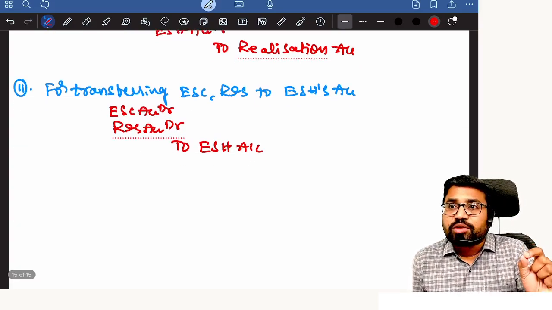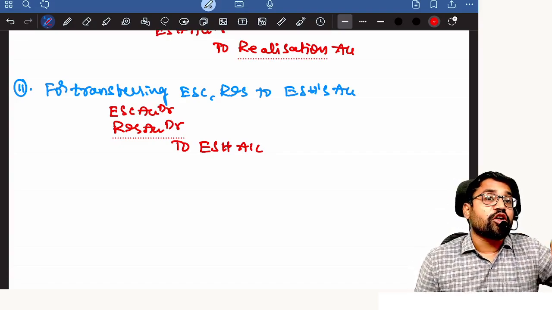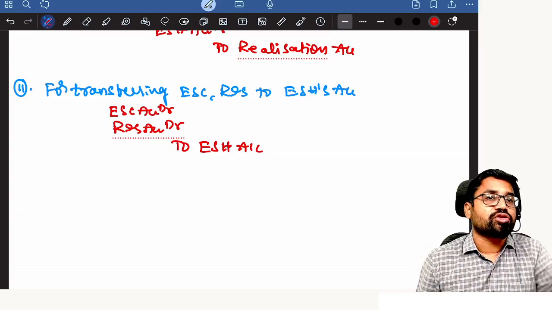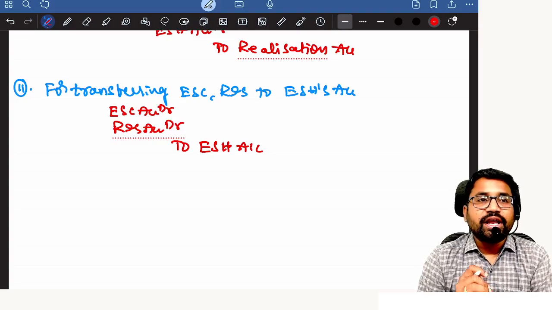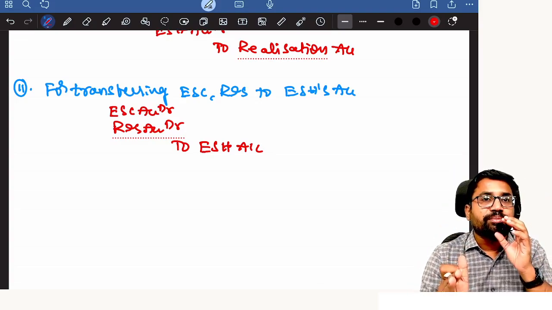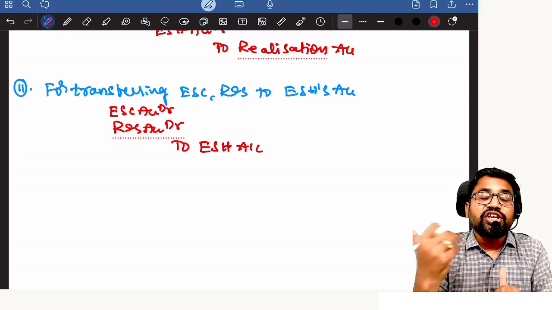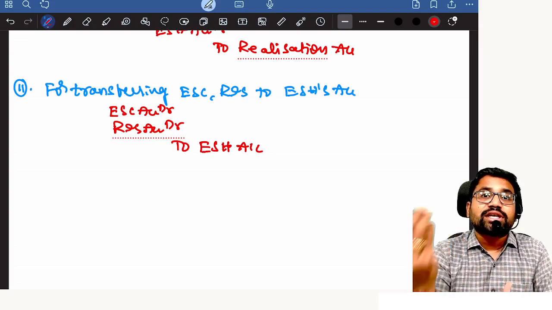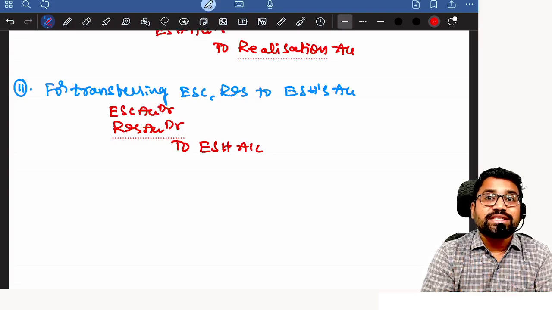In the transfer book, if there are any fictitious assets, those fictitious assets will also be adjusted to equity shareholders only. Don't transfer to the transferee company. For example, in the balance sheet of the transferor company, we have preliminary expenses not written off, or share issue expenses not written off, or any discount on issue of shares. These are all what? Fictitious assets.